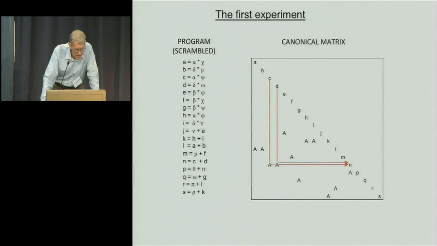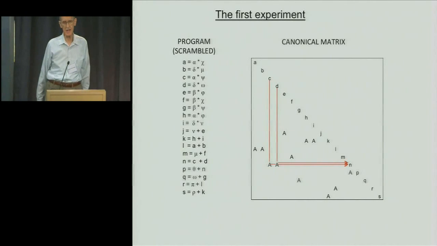Then there are two red lines that you can see on the screen that indicate flow of information. Now, in any mathematical equation, and in any computer program, like this one, there is always a flow of information.